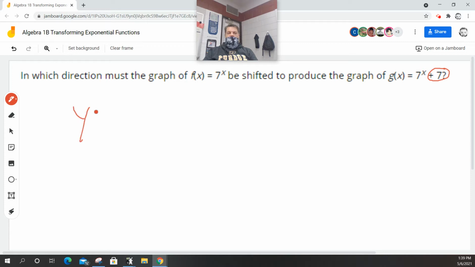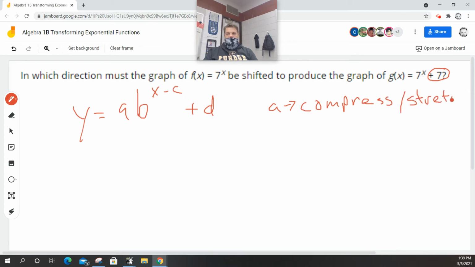Well, remember that y is equal to a times b raised to the x minus c plus d. A, what does a do? It compresses or it stretches depending on the value for a.